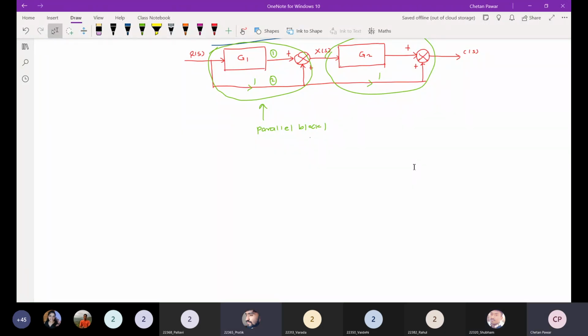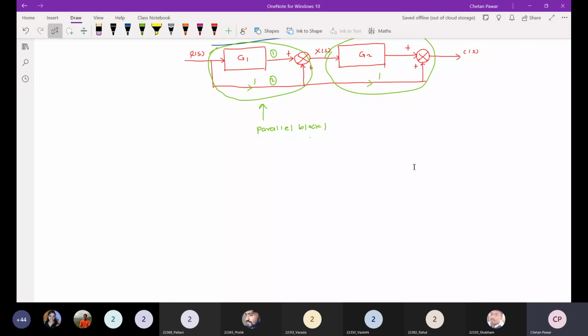G1 plus 1. G1 plus 1. Okay. Any other response? G1 plus X of S into G2.